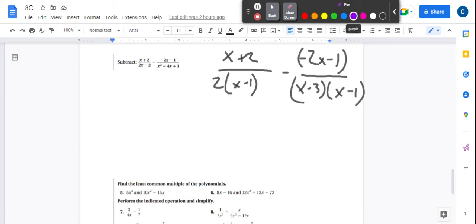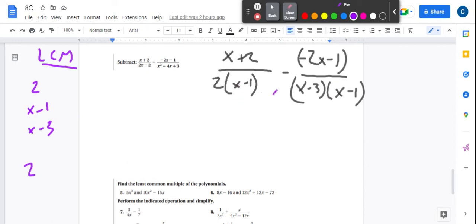So we got to find the least common multiple from our denominator. So looking at the factors that we have: 2, x minus 1, and x minus 3. There's a 2 in this one, no 2's there, so the 2 will take precedence.